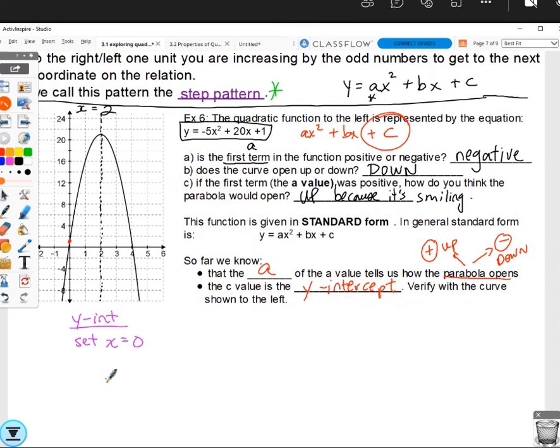So if you graph this quadratic, y equals negative 5x squared plus 20x plus 1, and we set x to 0, just like any function, you're going to get a y-intercept. Well, 0 squared times negative 5, this is gone. And 20 times 0, that's gone. And notice how we're just left with 1. So that y-intercept would be 0, comma, 1.